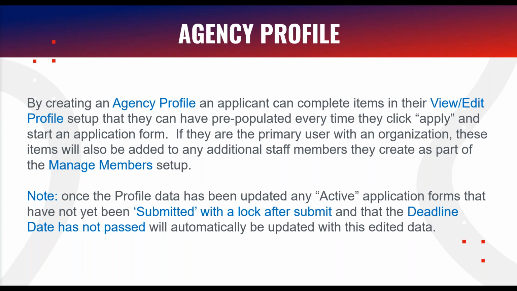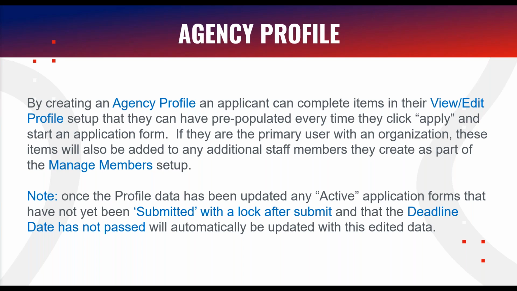So that primary user can go in, say maybe they changed their website. They can go in on their agency profile, change the website, hit save, and once they hit save, it'll make that change in all of those active applications that are still pending out there. So how do you create an agency profile?